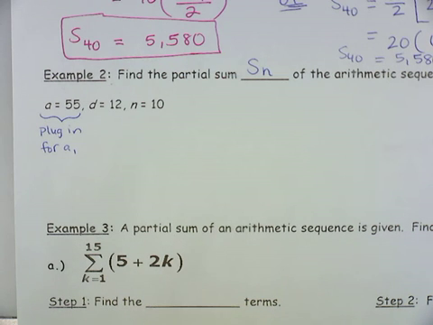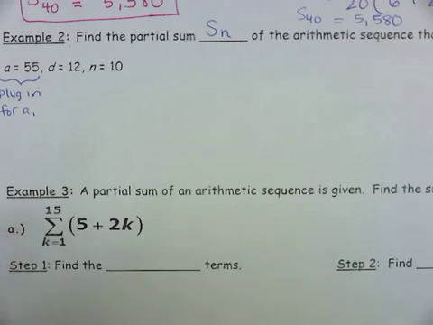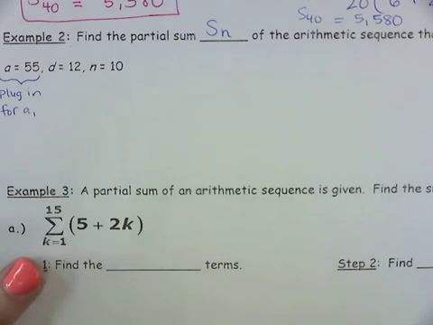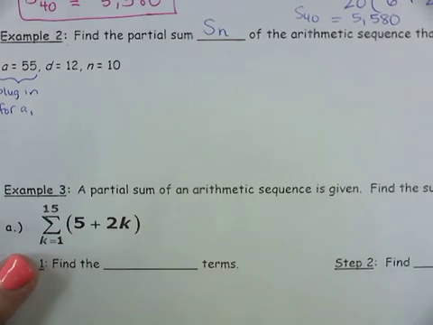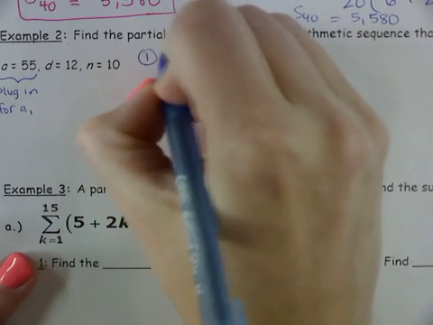Remember in yesterday's equation, I showed you how sometimes they're going to write it without the A sub 1. Okay, so if we're going to find the partial sum, again, you can choose which method you want to use. So you can either find A sub 10 first and then plug it into the formula, or you can just plug it into the second one. I'm just going to show you both ways so you get exposure to both, and you can choose which way you want to do.